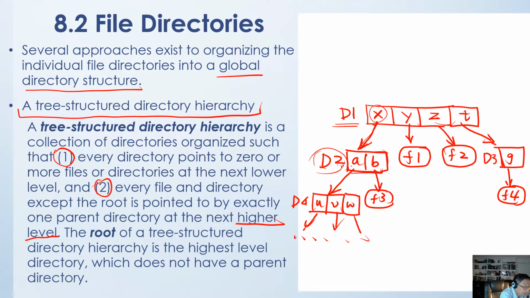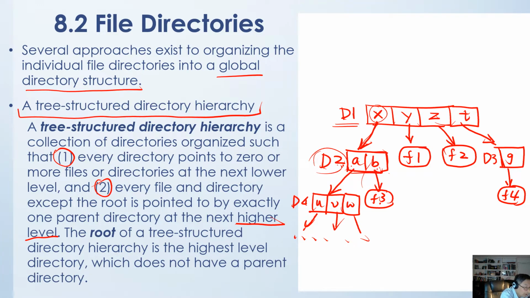And D3 is also pointed to by D1. And this file, like file 3, is also pointed to by D1, right? So each one has exactly one parent directory.